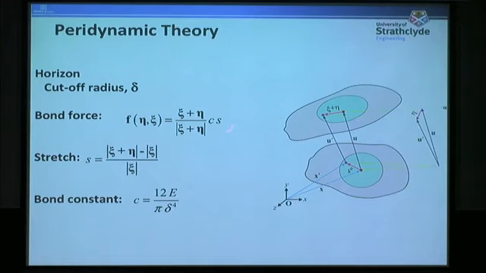This stretch is the change in distance between 2 points after the deformation divided by the original distance between these 2 points. The bond constant is our material constant in this new formulation. But the good thing is we can relate this constant to the parameters of classical continuum mechanics, so we don't need to do any new experiment.